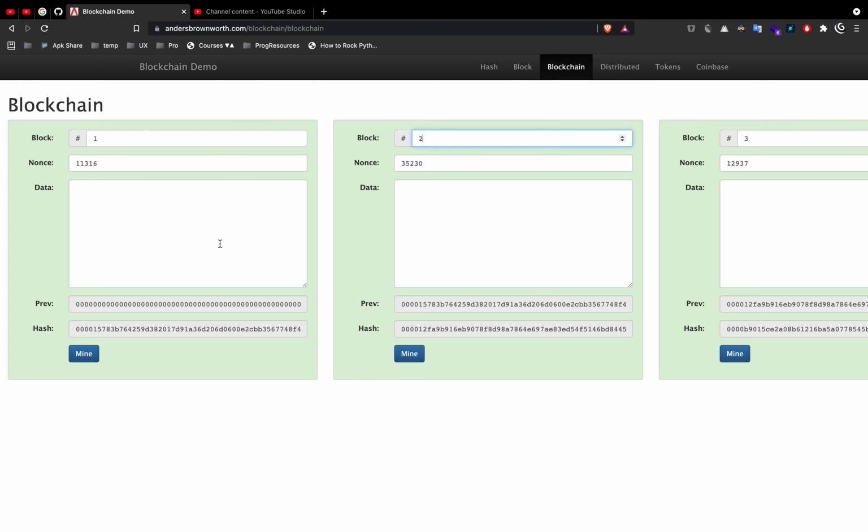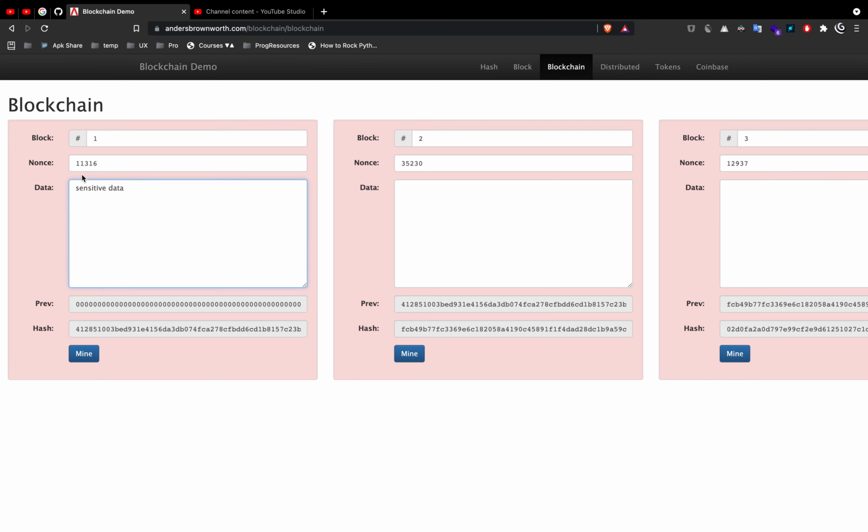of its predecessor. Which means if I say sensitive data, the hash of block 1 will appear in block 2 in the previous row.